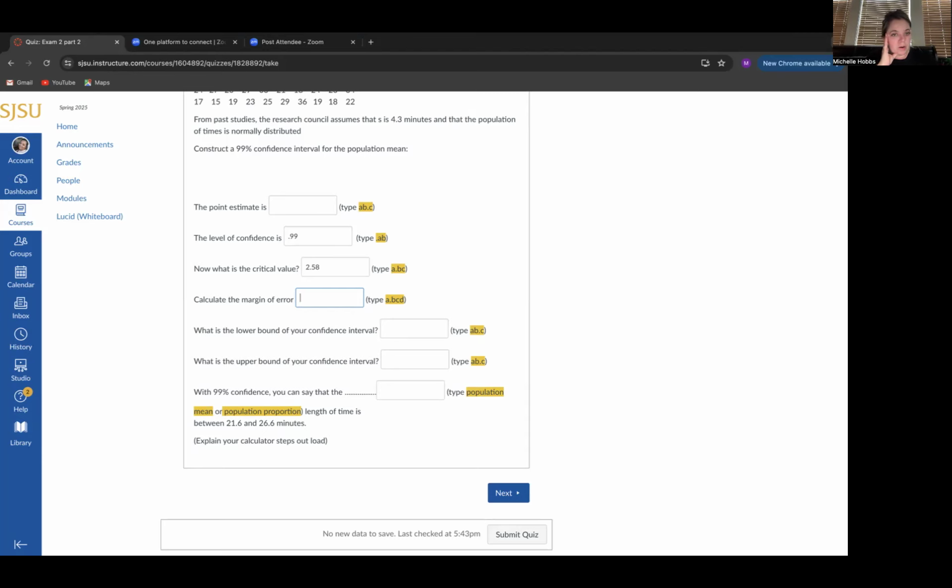So the critical value is 2.576. Then the margin of error is 2.476.